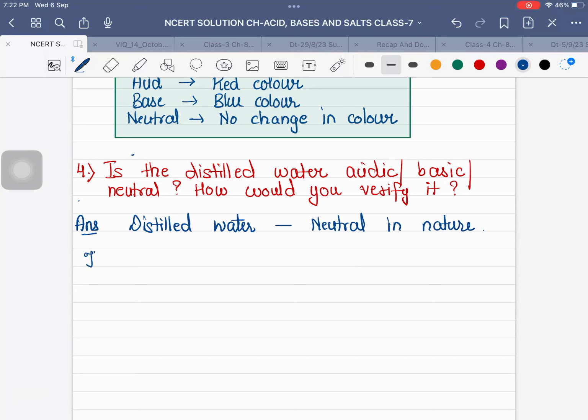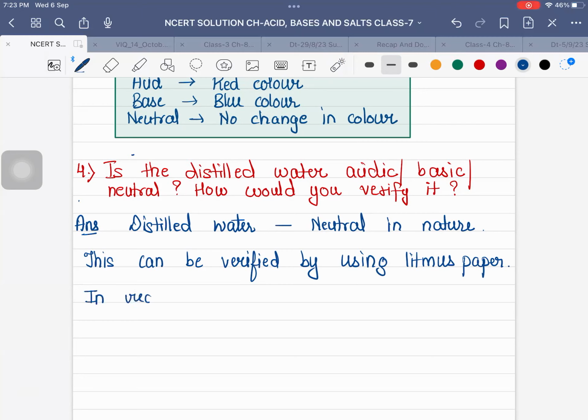This can be verified or tested by using litmus paper, red and blue litmus paper.